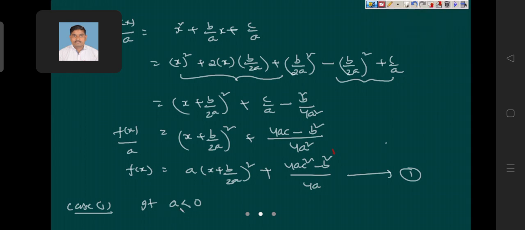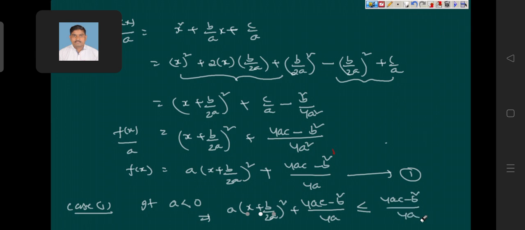So when a is less than 0, a into (x plus b by 2a) whole square plus (4ac minus b square) by 4a is less than or equal to (4ac minus b square) by 4a. Because this value is negative, gradually it is the maximum. Negative value plus real number is less than or equal to the real number.